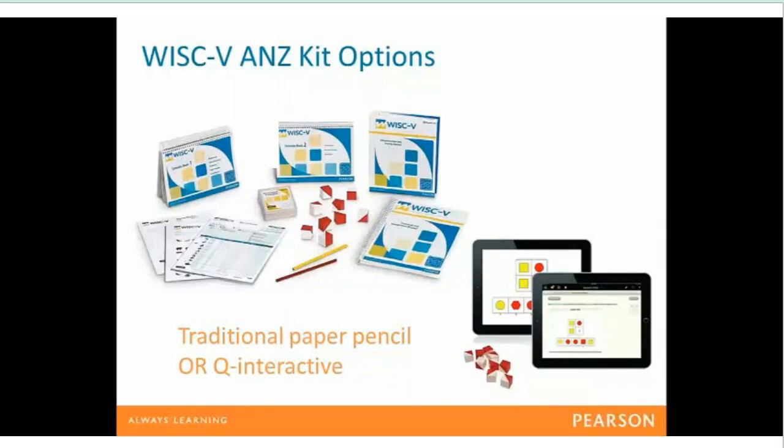Alongside the iPads, you do need the red and white blocks, which can be used from any Wechsler scale, any Wechsler test that has the red and white blocks. I'll show you a bit more about iPad testing as we go along today. But these are the 2 options that we have in Australia for the WISC-V kit.